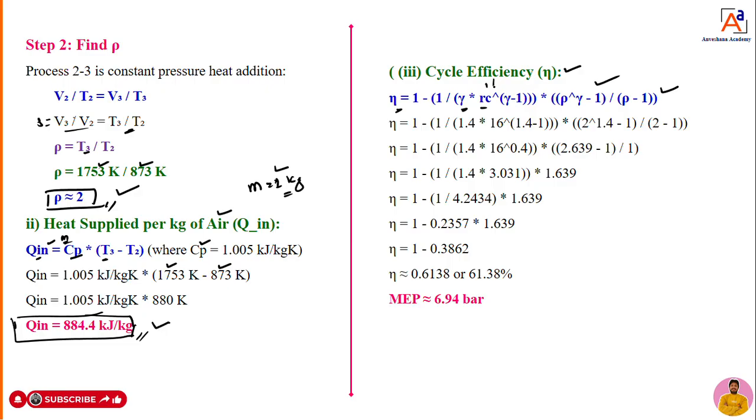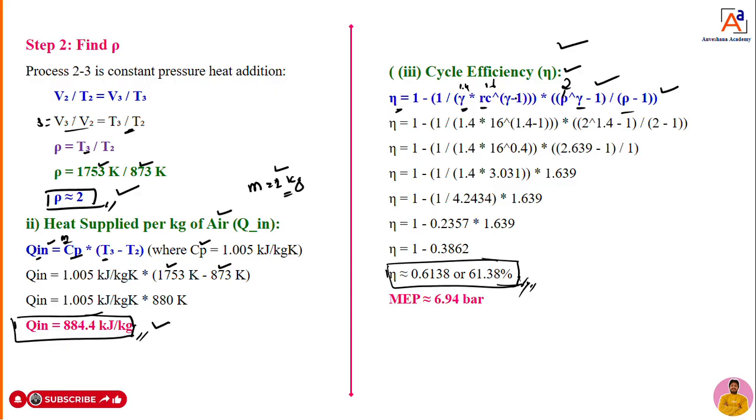RC also is given, that is 16. Then rho you already calculated, 2. You know all the values. Substitute all the values and simplify. You are going to get the efficiency, which is 61.38%. That is my third finding, the cycle efficiency.